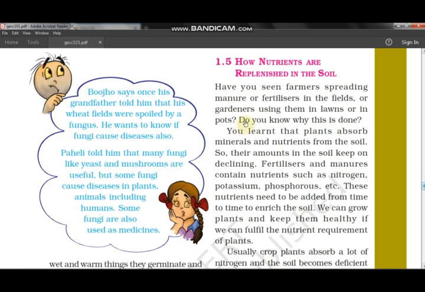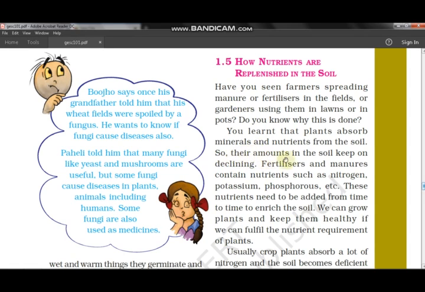In the fields we have seen farmers spread manure or fertilizer. Why? Because they want to replenish the nutrients in the soil. Similarly, gardeners use manure or fertilizer to increase the growth of plants. So plants absorb those minerals and nutrients from the soil so that they can grow faster.